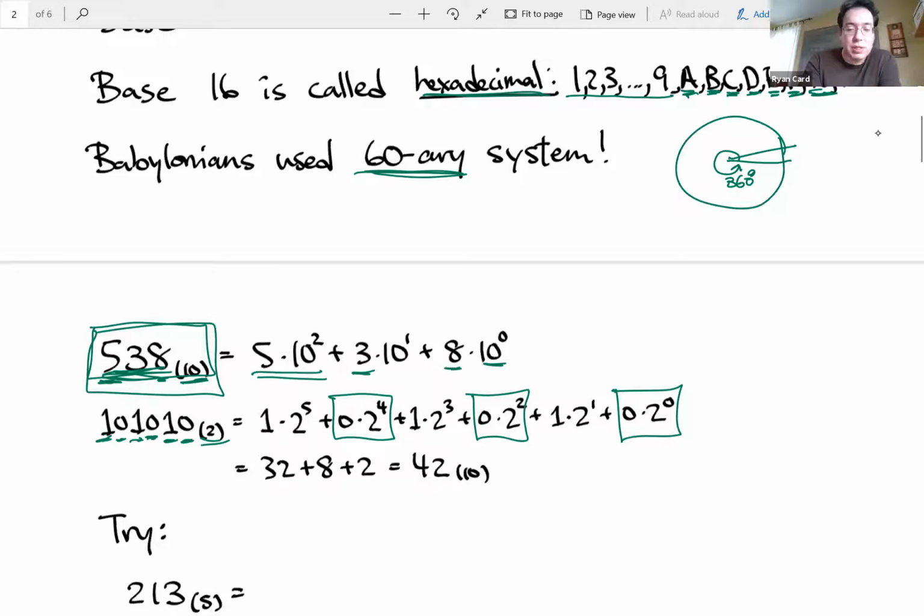That's 0 times 16. And then the next place is 1 times 2 to the 3. 2 to the 3 is 8. And we could skip this one. 1 times 2 to the first power is just going to be 2. And then no ones place. So if we look at the surviving terms, 32 plus 8 plus 2, that'll be 42 in base 10 system. I hope that made sense.